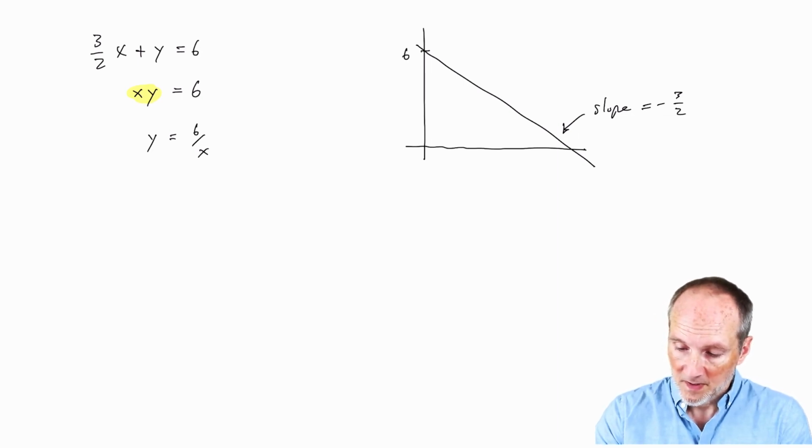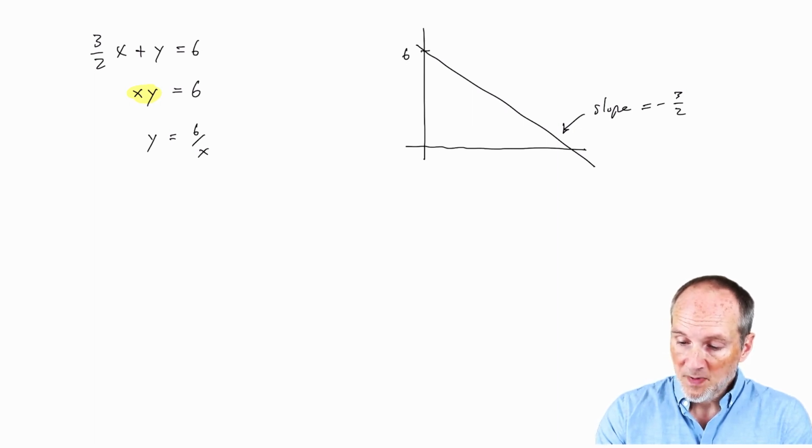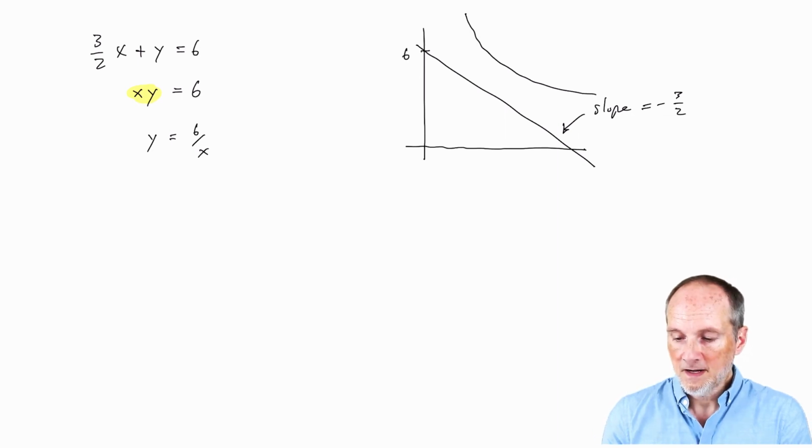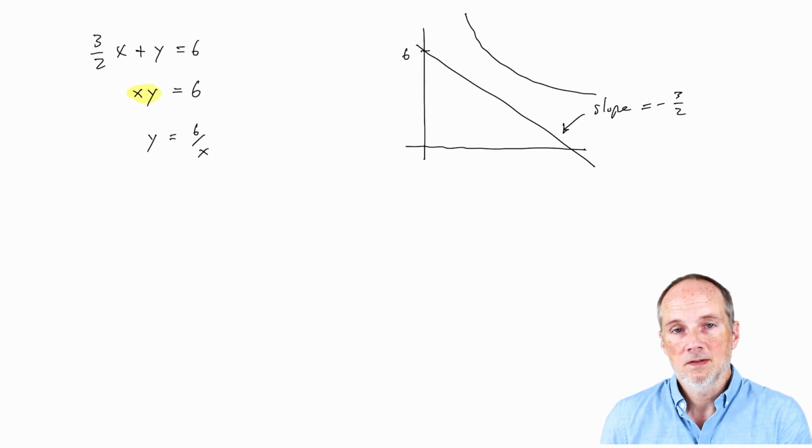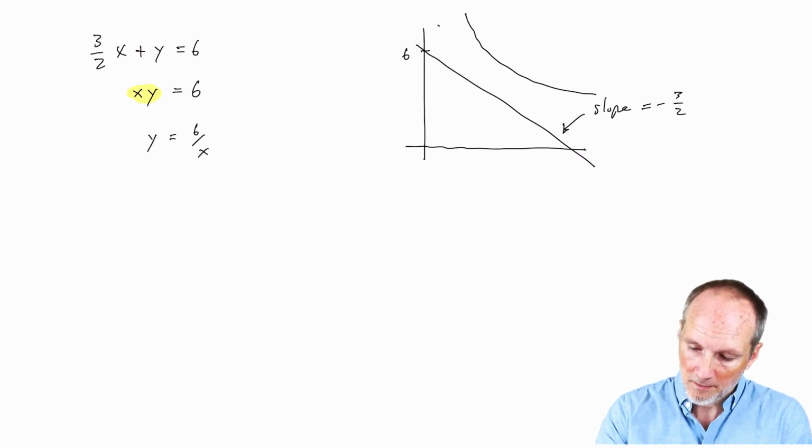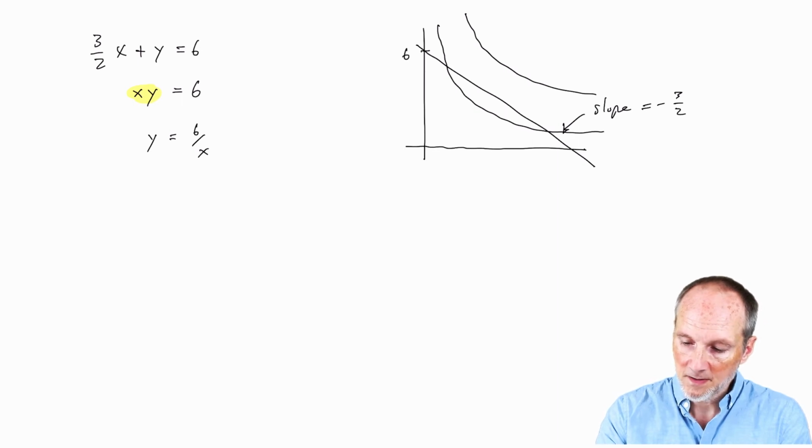That's going to look something like, well, there are different possibilities. One possibility is that it's a curve and it never intersects that line and there's no solution to this system. Another possibility is that the curve intersects the line like so and there's two solutions.